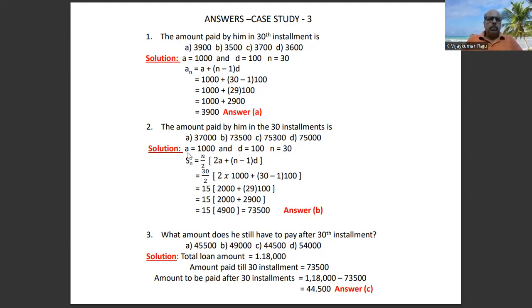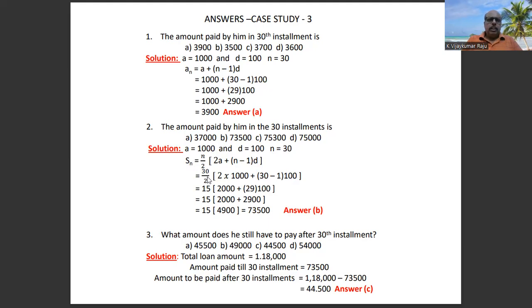Now, what is the first installment amount? A is 1,000. What is the difference every month? 100 rupees is increasing, so D is 100. For how many months? 30 months. SN formula: SN is equal to N by 2, 2A plus N minus 1 D. So 30 upon 2, 2 into 1,000 plus 30 minus 1 into D, that is 100.